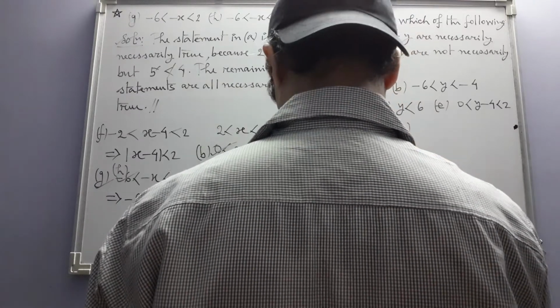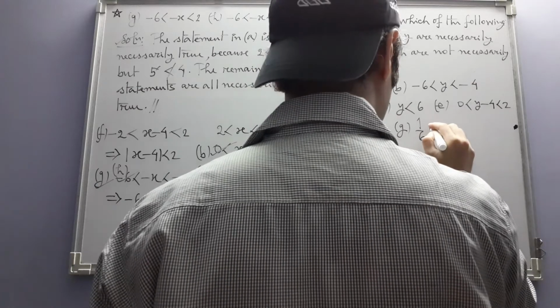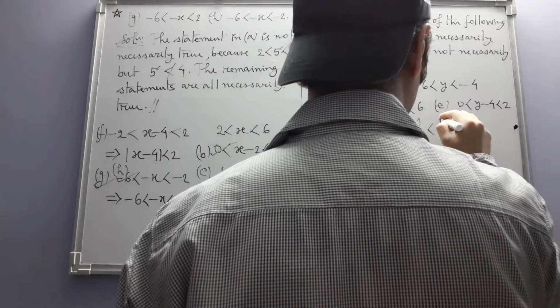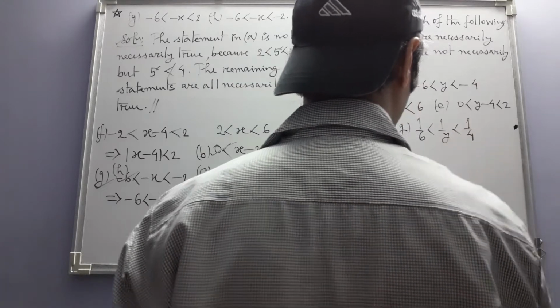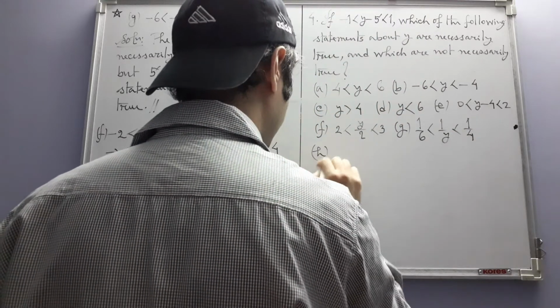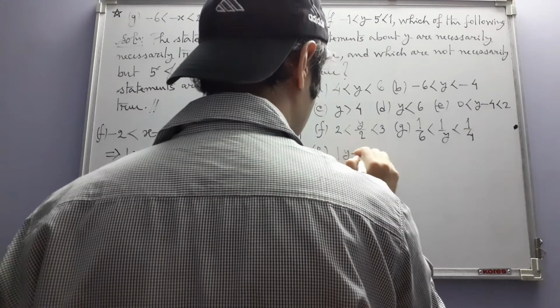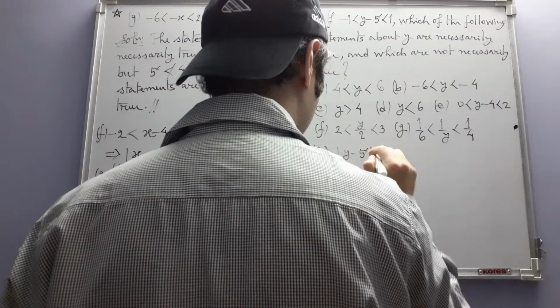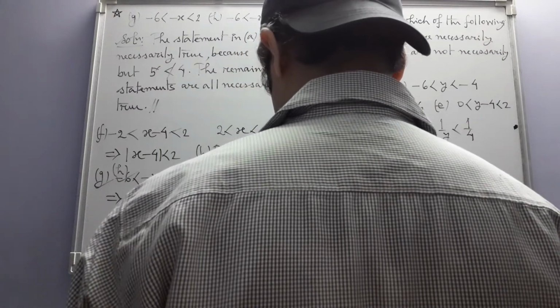G, this is less than 1 by y and this is less than 1 by 4. And finally H, the absolute value of y minus 5 is less than 1.